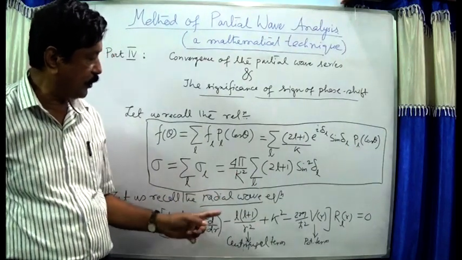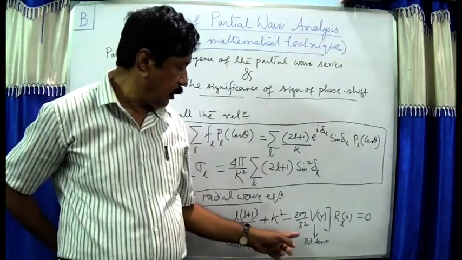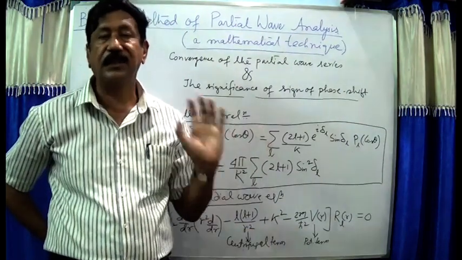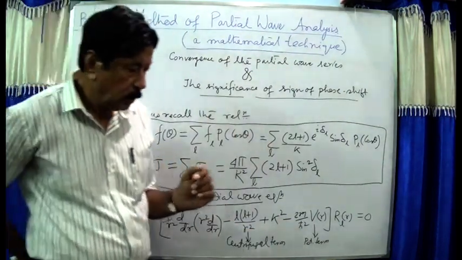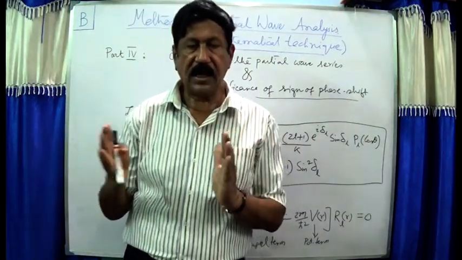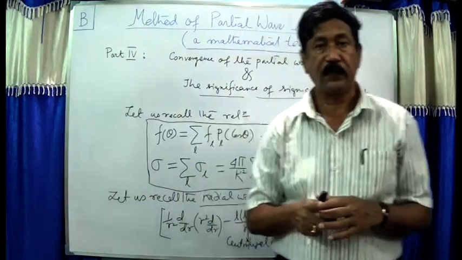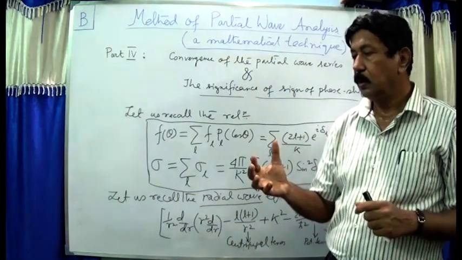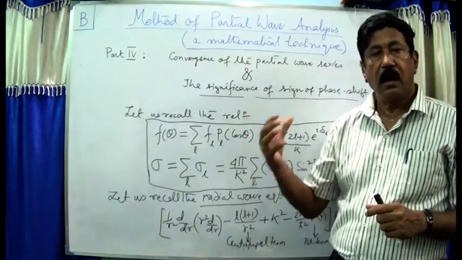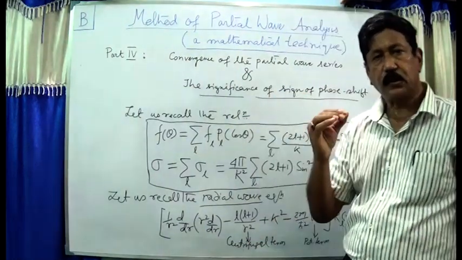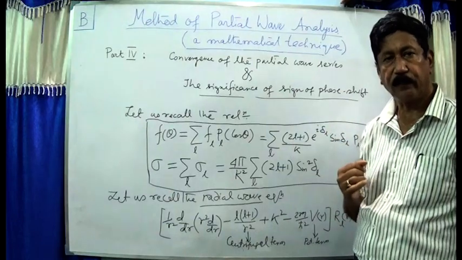For that situation, the effect of the potential will become negligible. So if during an interaction the effect of the potential becomes negligible, in turn we can have very small values of phase shift.